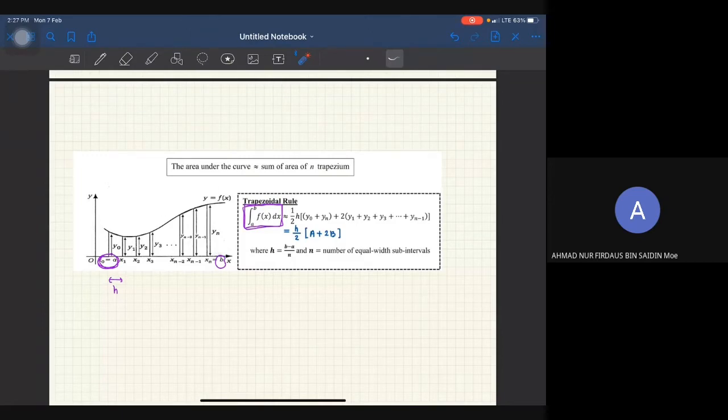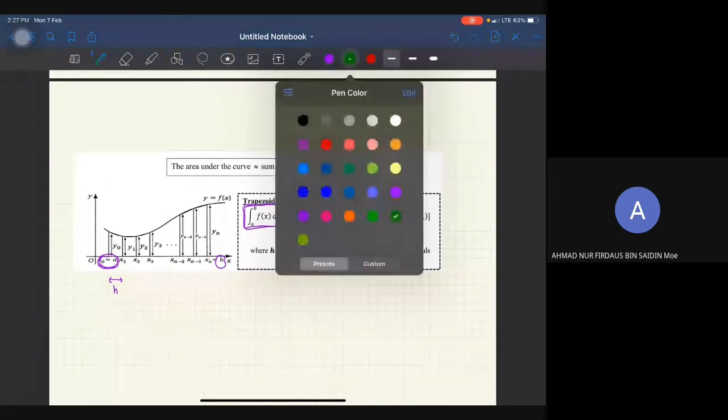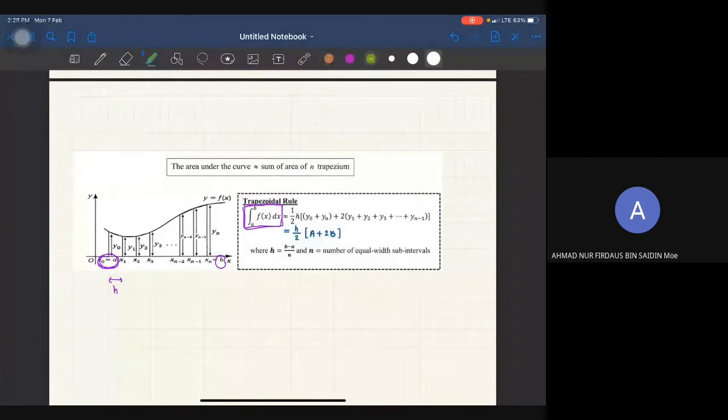Dia patah baliklah kiranya. So all this area, saya warnakan dia warna hijau. Ini area ni, tambah yang ini, tambah this one. Ini pun saya tambah. This one saya tambah lagi. Bagi satu warna.